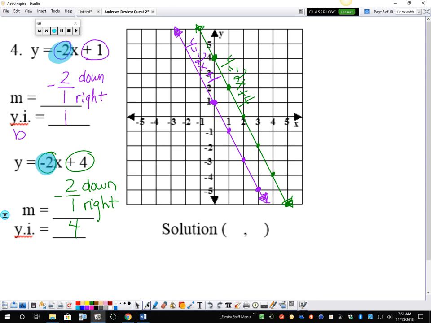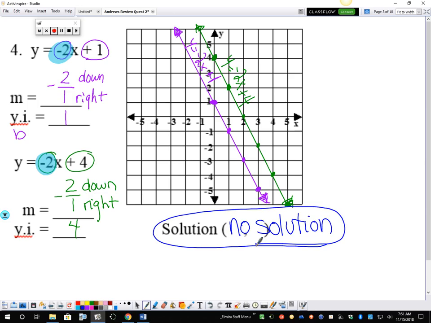So what that means here is that where it says solution, and you have a spot to write coordinates, instead of coordinates, just write no solution. Write no solution when they're parallel.